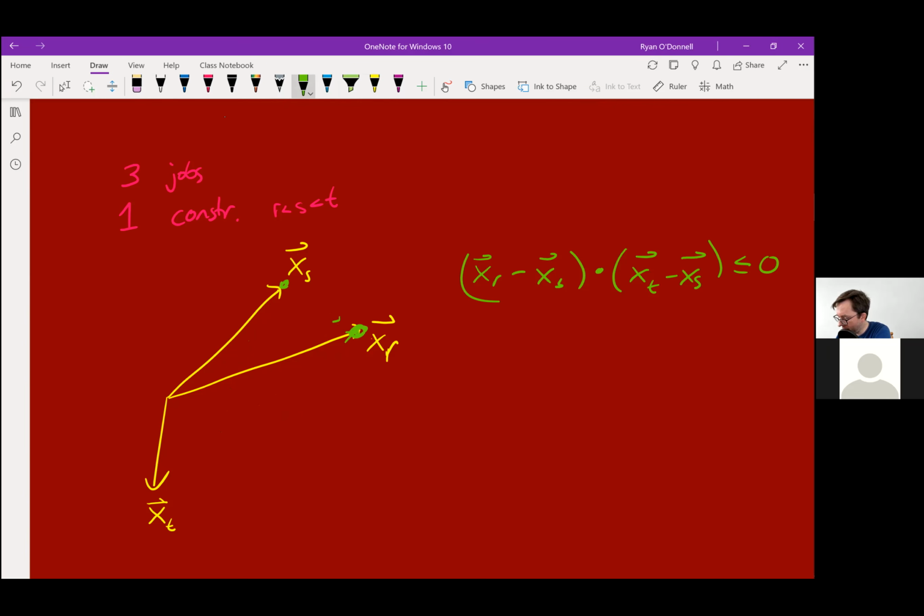Yeah, so it goes from here to here. And what about this one? The vector going from xs to xt. Yeah, I think you're right.